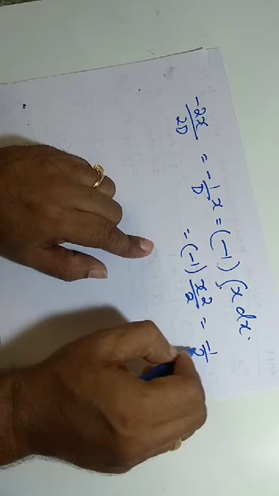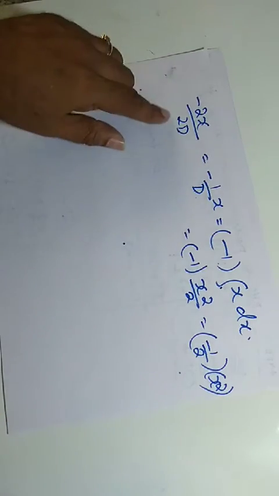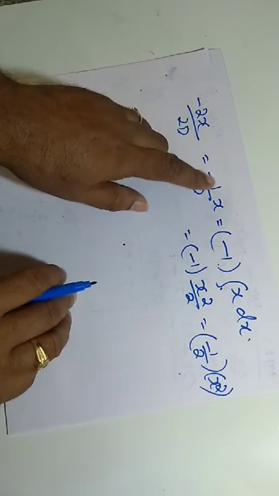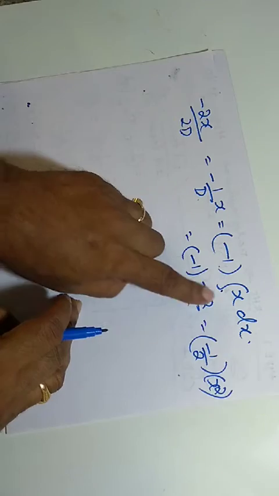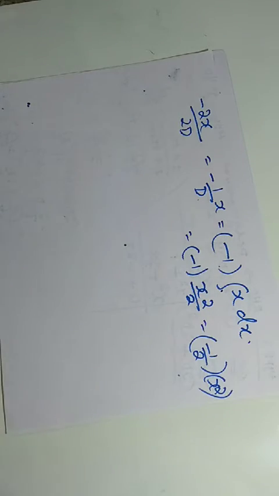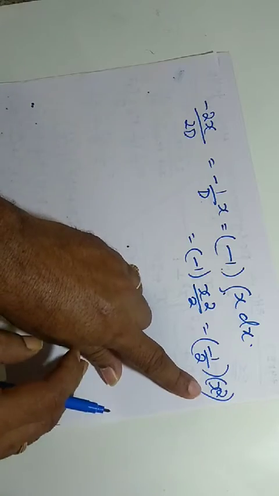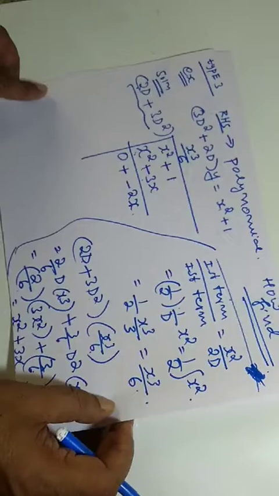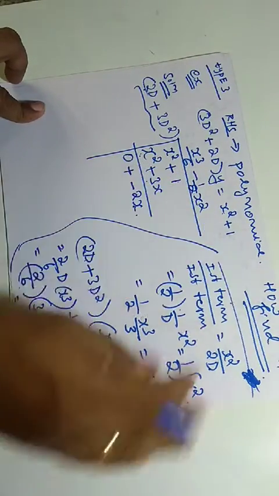So that is minus half x squared. I told you already, whatever result you get, minus half x squared, I must write it here. This is stage 2. Minus half x squared.